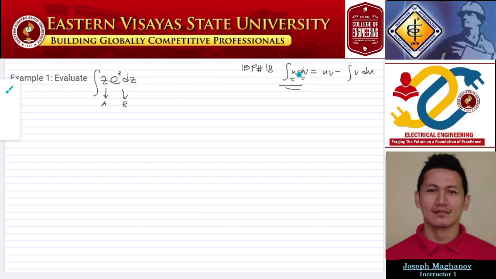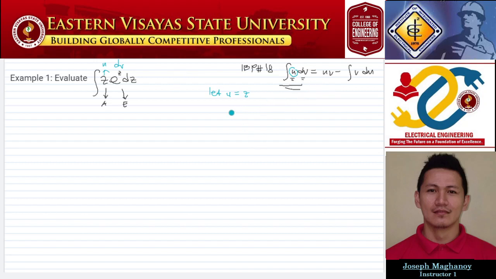We'll start with u. We let u equal to z. What process are we going to do with u? We differentiate u, and dv, we integrate dv.